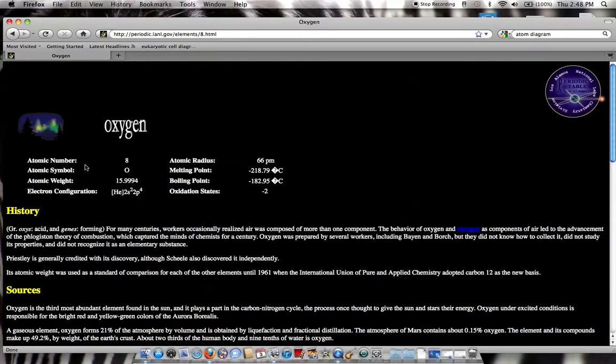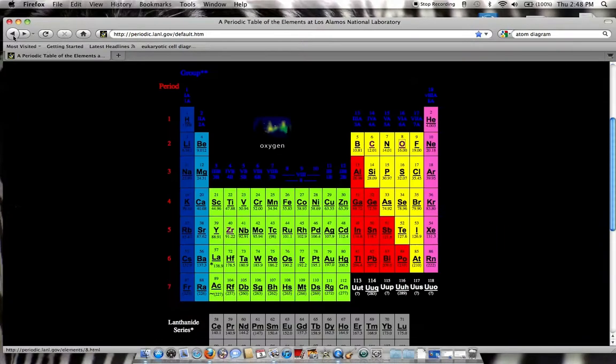The atomic number is 8. Atomic symbol is O. Sorry about that. Let's go back. So that's our most prevalent element that makes up living things.